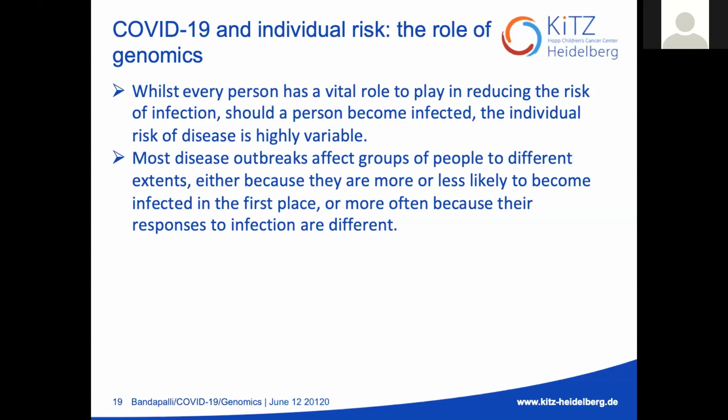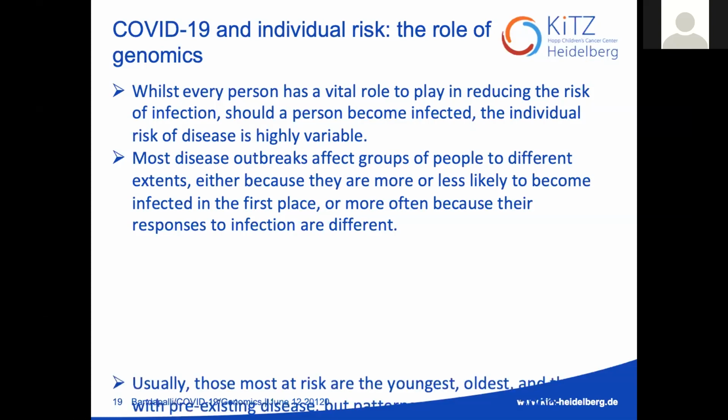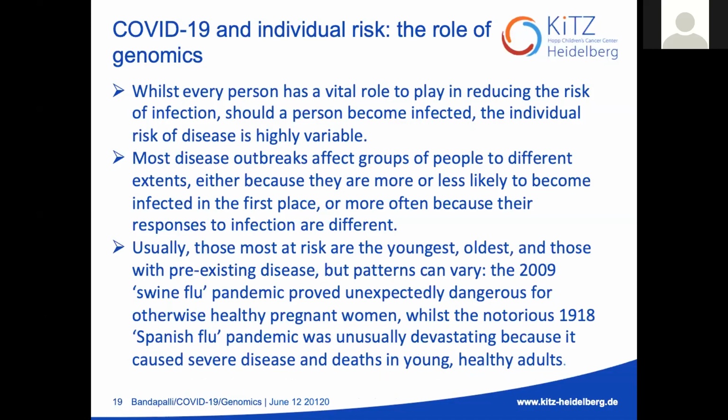This may be because of their response to infection or their immune situation, and also several other factors, comorbidities, etc. Usually the most at risk are the youngest, the oldest, and those with pre-existing diseases. But these patterns can vary.